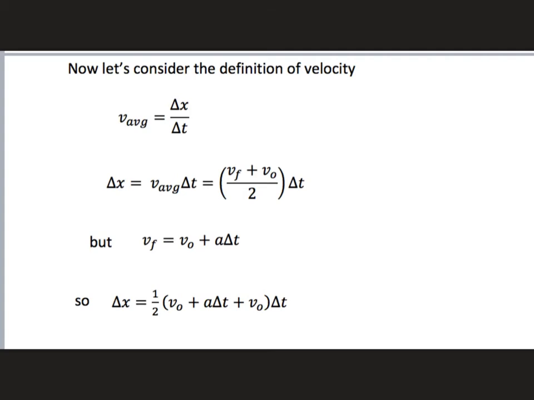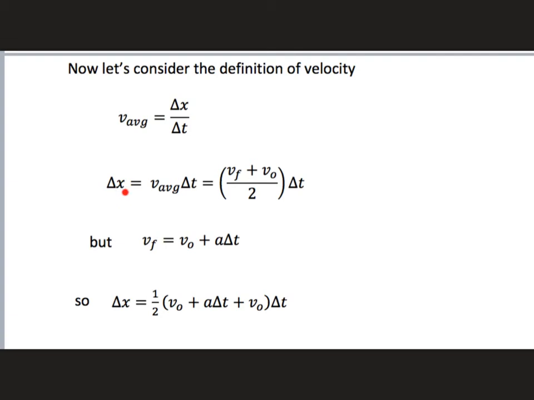And so at first we considered the definition of acceleration, and we did some algebra, and we came up with our kinematics equation. Now we're going to do the same thing, but we're going to consider the definition of velocity. Average velocity is displacement over time.